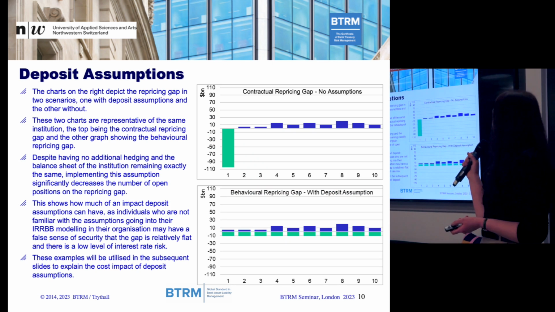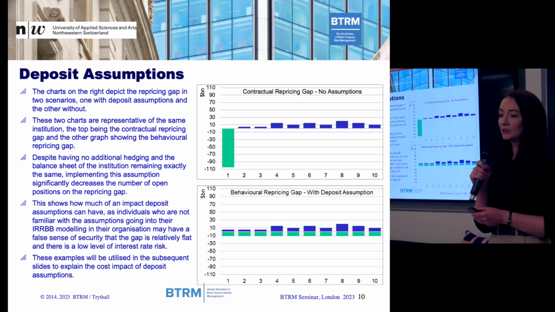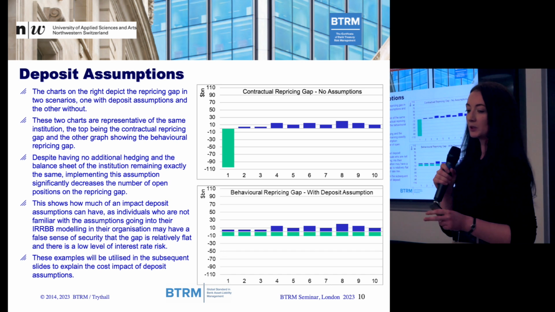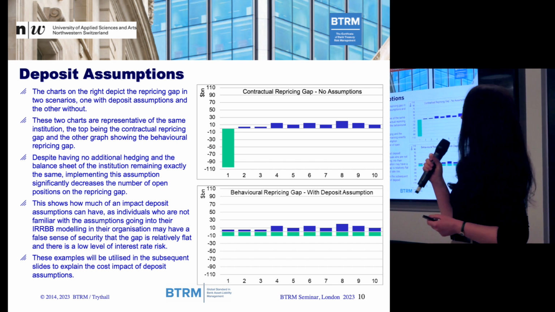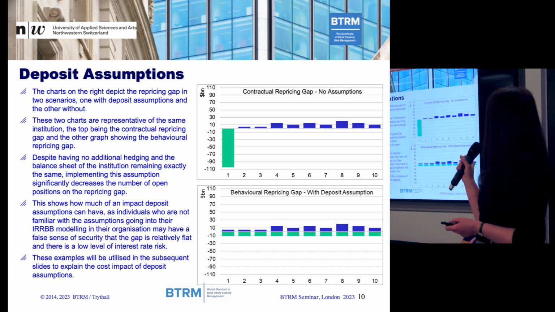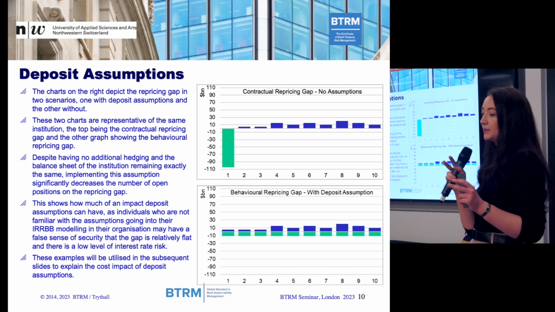So the next point I'm going to talk about is the deposit assumptions. These two charts show the difference between when you use a deposit spreading assumption and when you don't for your repricing gap. The charts show the same bank, and they have the same repricing gap and the same asset and liability positions.